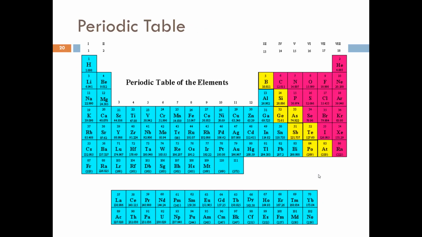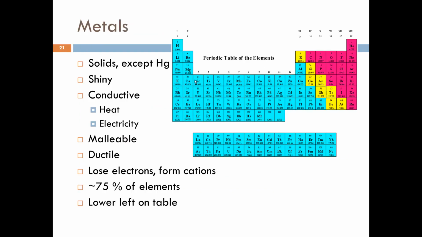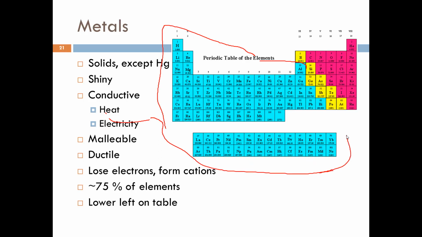Alright, so the metals are all the blue ones. So the majority of the elements on the periodic table are indeed metals. With the exception of mercury, which is right here, metals are usually solid.